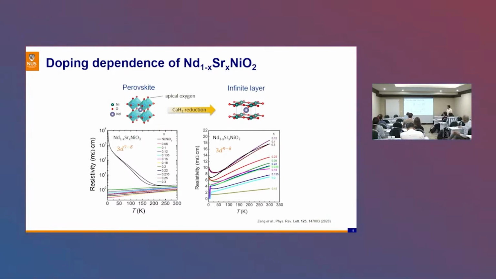As you dope, it becomes a metallic system. For doping from around 0.1 to 0.25, we have been able to produce transitions from a very low few Kelvin up to 15 Kelvin transition temperature.